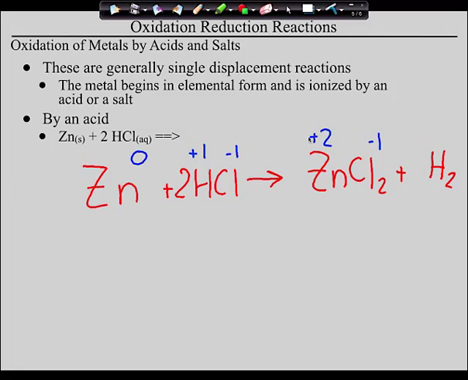And if you look up zinc on the periodic table, it's +2. So this is +2, that's -1. What is the charge of hydrogen? It is now 0 because H2 is its elemental form. The diatomics, iodine, bromine, chlorine, fluorine, oxygen, nitrogen, and hydrogen, are in their elemental form when they're diatomic.